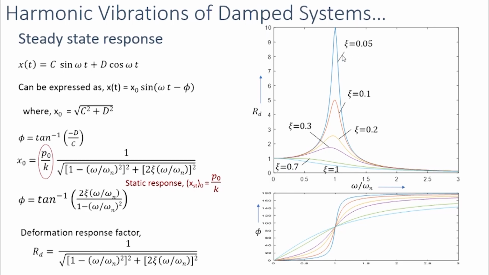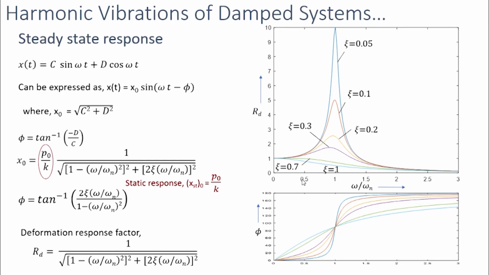So for lightly damped systems, this amplification will be larger at frequency ratio equal to 1. And when the frequency ratio increases beyond 1, this factor becomes smaller and smaller, and when the frequency ratio is much higher than 1, this becomes 0 irrespective of the damping present in the system.